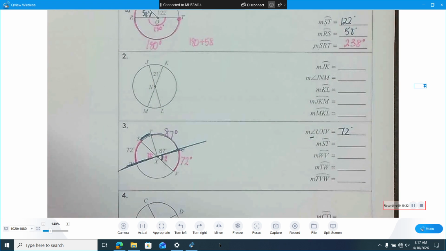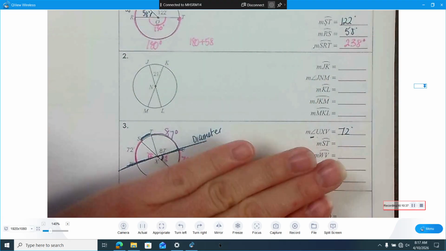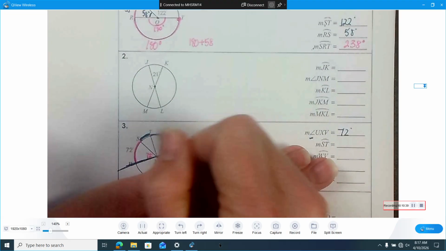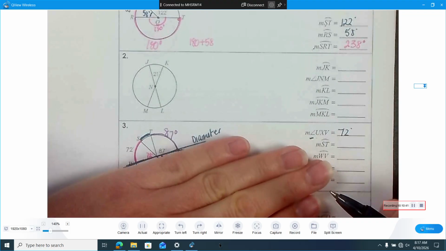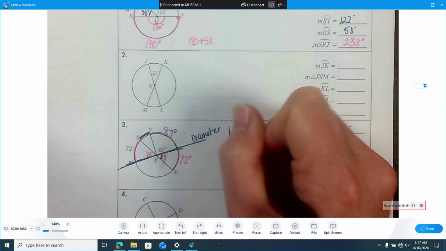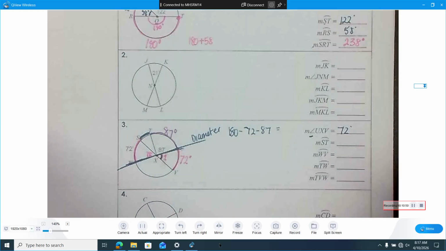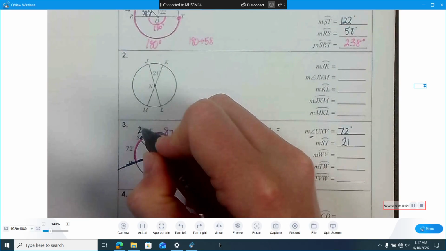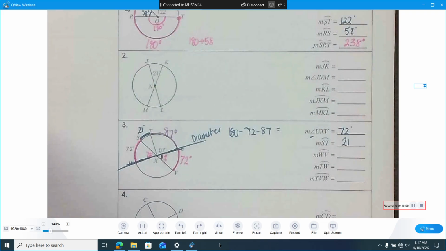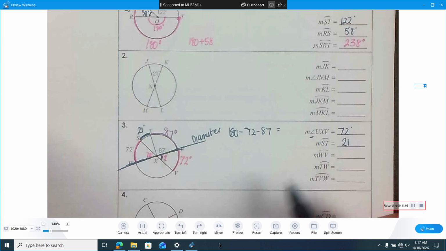And so because it's a diameter, we know that it has 180 degrees. So that top half of the circle there should have a total of 180 degrees. So 180 minus 72 minus 87 is going to equal 21. And that is our little arc ST right there.